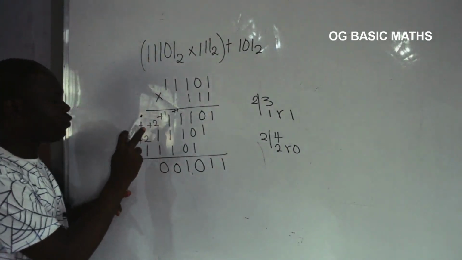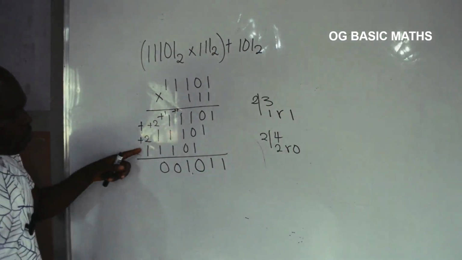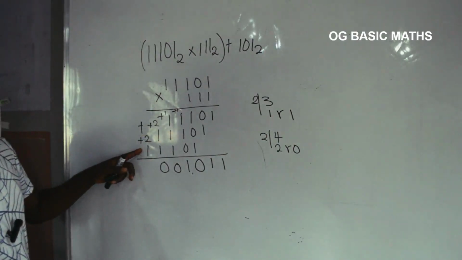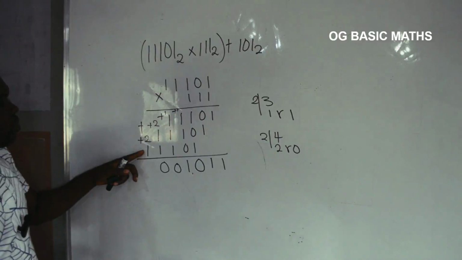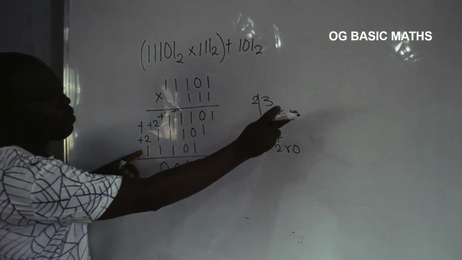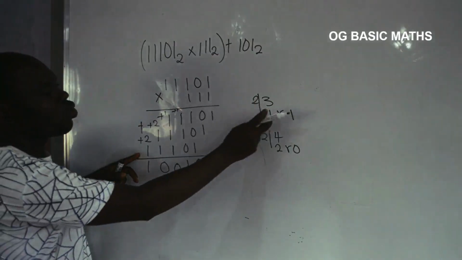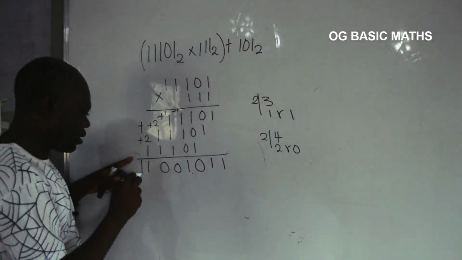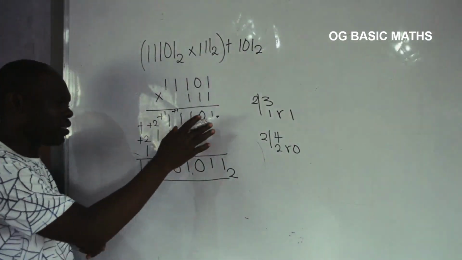So you have 2 plus 1, which is 3. Then you divide the 3 by 2. You have 1 remainder 1. That 1, you write it here. Then the whole number you get, you write it here. So this is the multiplication, the product of this.